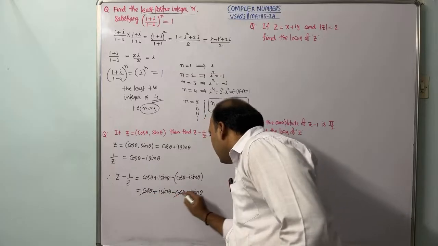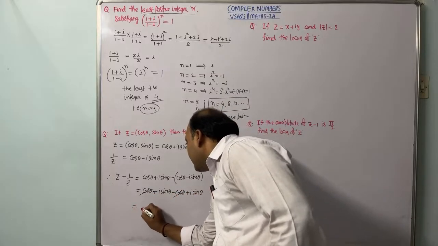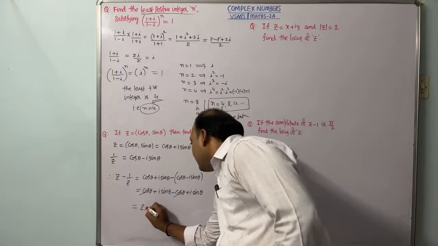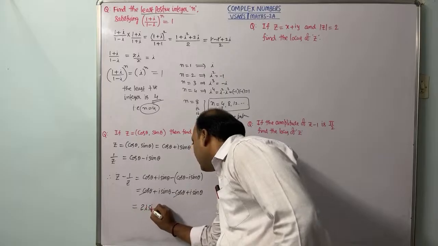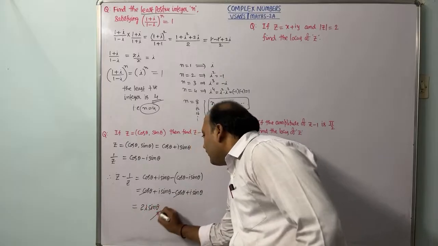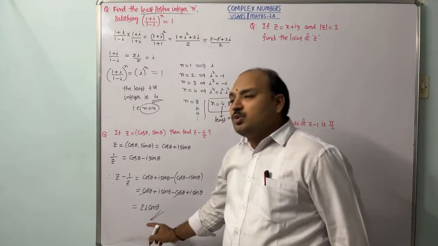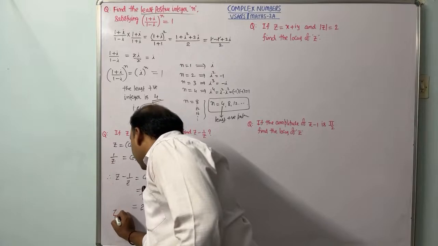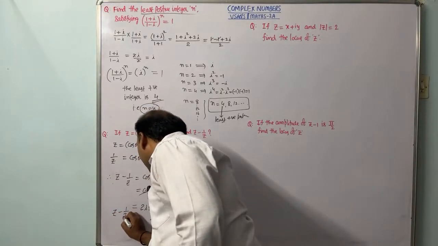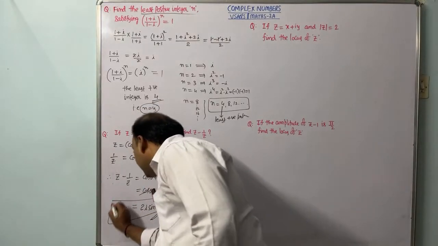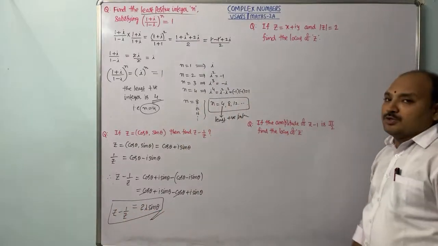So cos theta minus cos theta cancel. i sin theta plus i sin theta, 2i sin theta. So therefore z minus 1 by z value is equal to 2i sin theta, dear students. Okay, I hope you understand, dear students. We'll move on to another question.